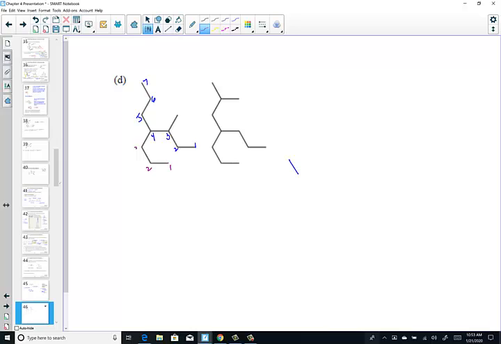The blue gives me more branches, so I know that I'm going to number with the most branches. 1, 2, 3, 4, 5, 6, 7. That gives me 2 branches. At carbon number 4, we have a propyl. At carbon 3, we have a methyl of a 7 carbon chain.